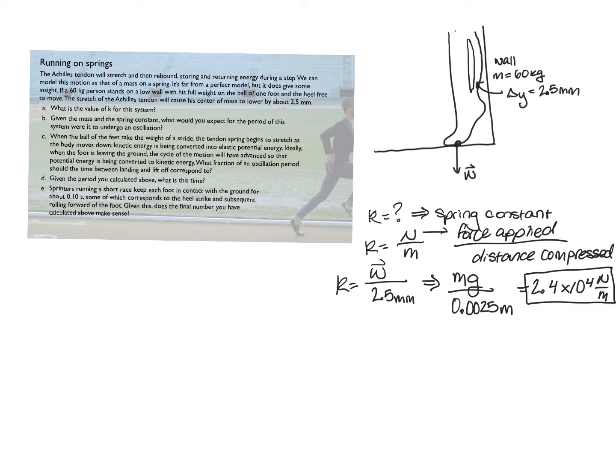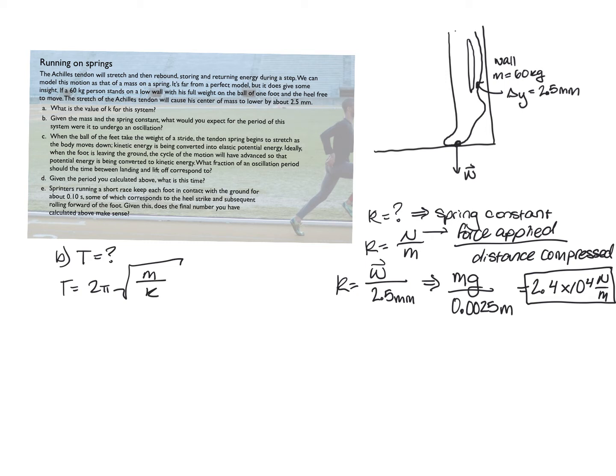We're asked next, given the mass and the spring constant, what would you expect for the period of this system were it to undergo an oscillation? So for part B, we're looking for the period. Well, we know how to find the period for a mass on a spring. It is just equal to 2 pi times the square root of the mass over k.